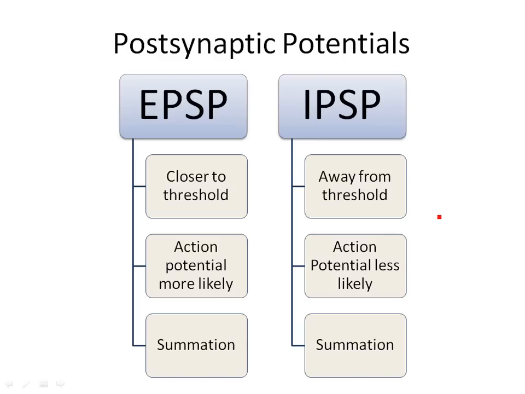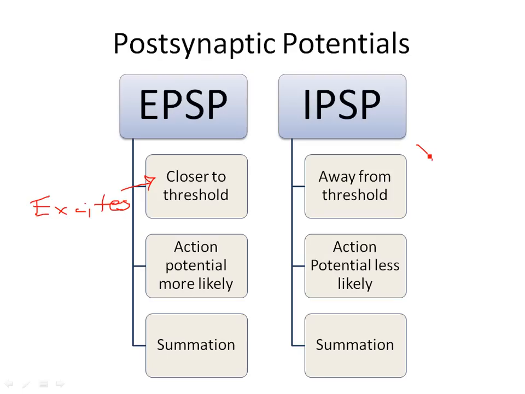Now, not all neurotransmitters are created equal. Some exhibit an excitatory postsynaptic potential. If it excites, that brings the neuron closer to threshold so that it is more likely to fire an action potential. The laws of summation, which we'll review in a second, apply.